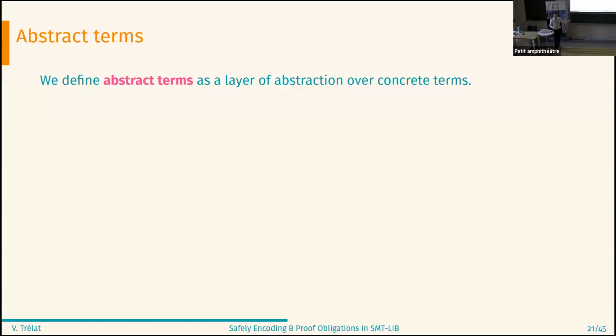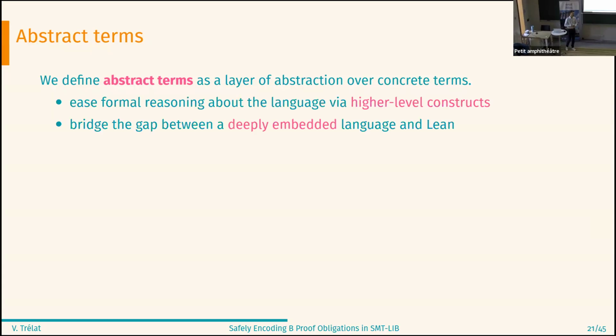Right, so on top of that, we define an abstraction of those terms. The idea is to ease formal reasoning, to bring higher level constructions. For example, for the binders, I'm using lists, which is too low level.